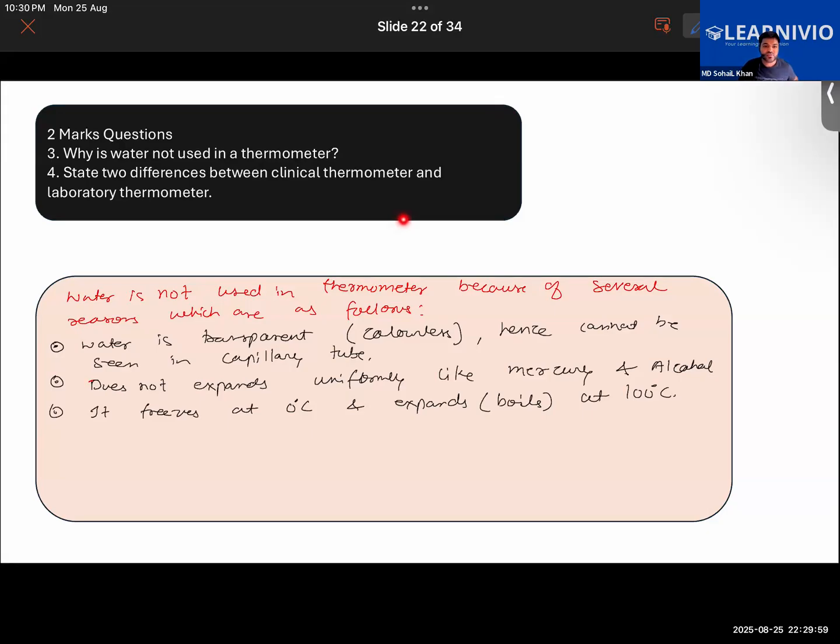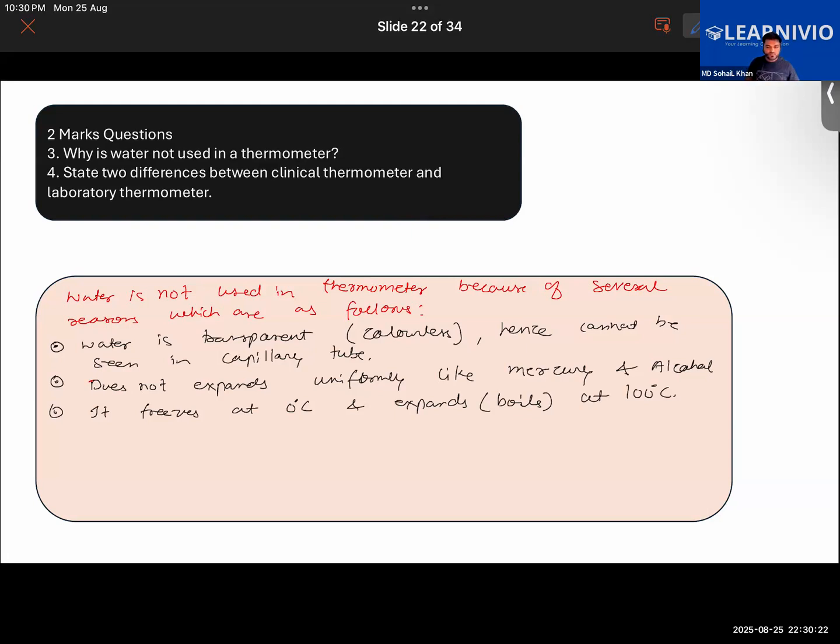There's one more thing common in their construction, that both of them contain a capillary tube. They both contain mercury. Clinical thermometer nowadays doesn't contain mercury. It is digital. We're not talking about that.